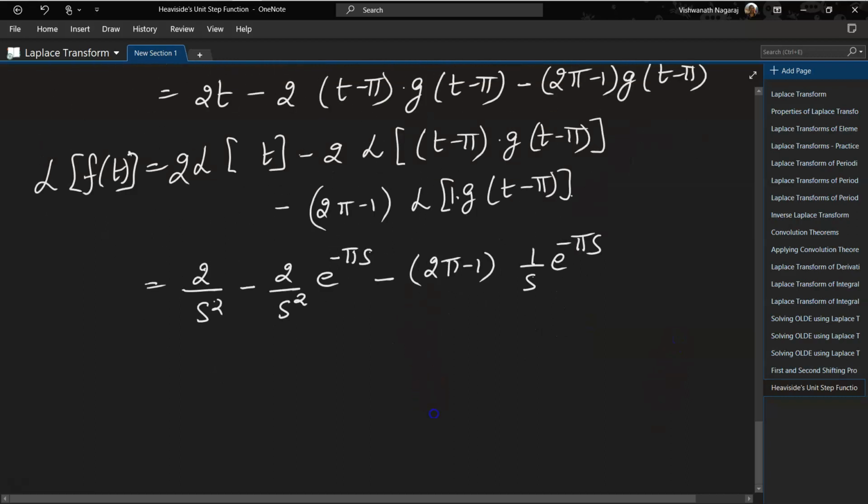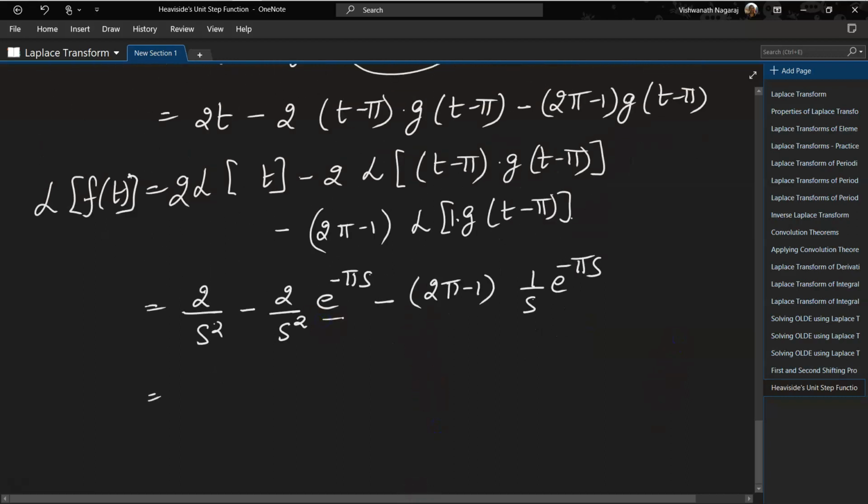Again, second shifting property. Now here e^(−πs) is common, so 2/s² as it is. Let's make this plus, and make this minus, and make this plus. Since this is plus, let's make this plus, and let's take e^(−πs) common out.